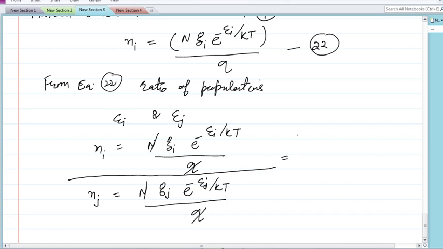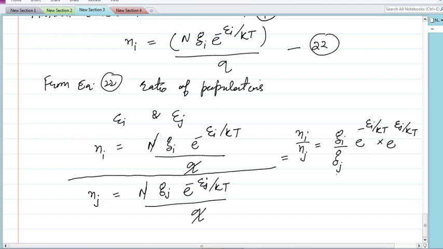and you will get this type of equation. That means we will get ni upon nj is basically equal to gi upon gj e raised power minus ei upon kt, divided by e raised power minus ej upon kt, then it will be plus, that means e raised power plus ej upon kt.